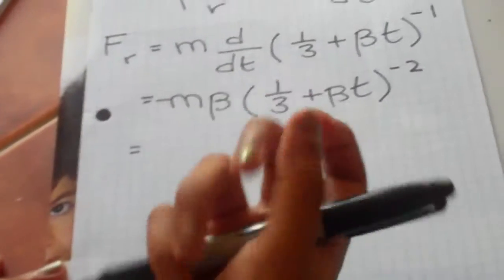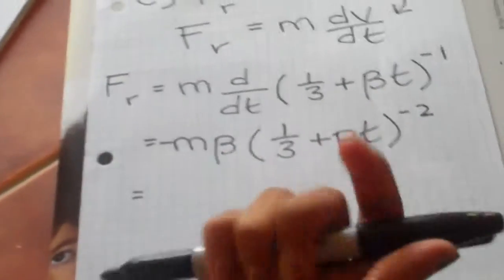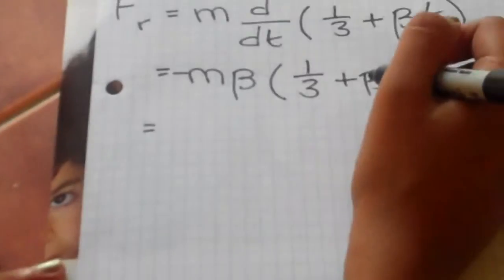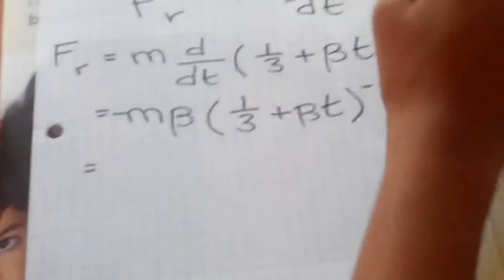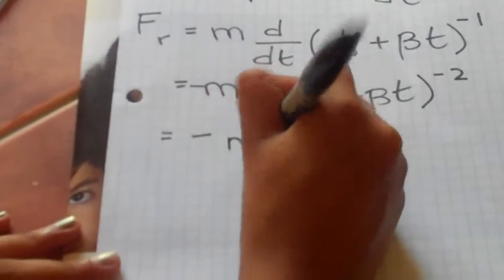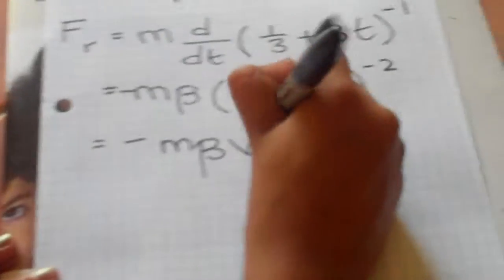Now we can simplify this expression because we want Fr as a function of speed. So we know that v equals 1/3 plus beta t to the negative 1 power, where we substituted it here. So this is negative m beta v squared.